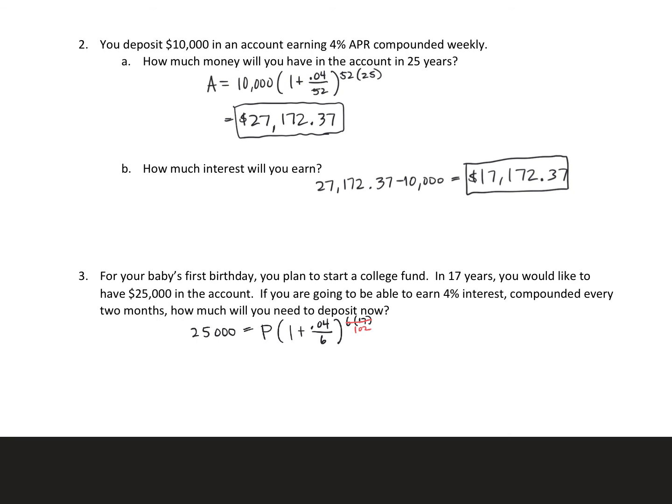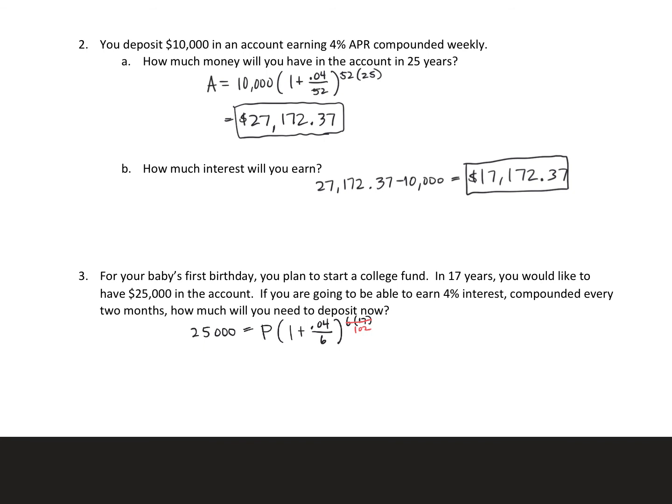So I'm going to do 0.04 divided by 6, and then add 1. And then I'm going to raise that to the 102 power. Okay, and then what I have to do is do 25,000 divided by that without clearing your calculator. So don't write down a decimal approximation, because if you approximate now, it's going to throw off your answer at the end, possibly.